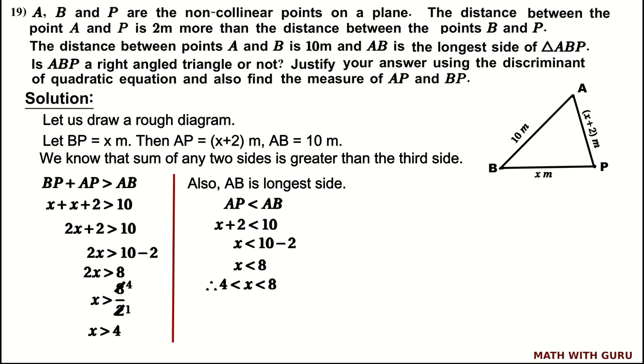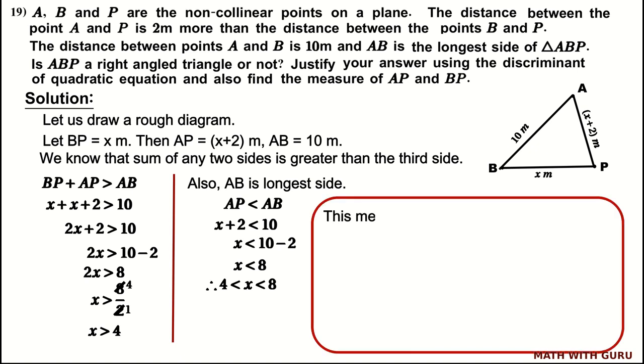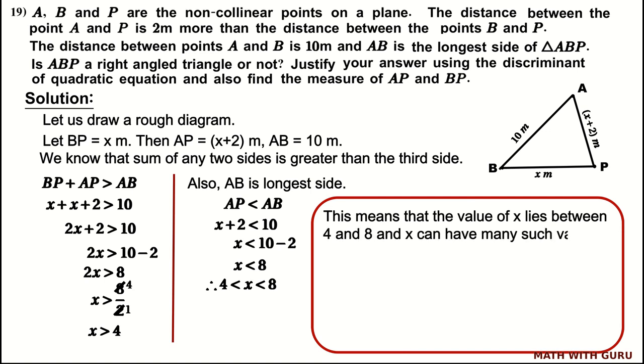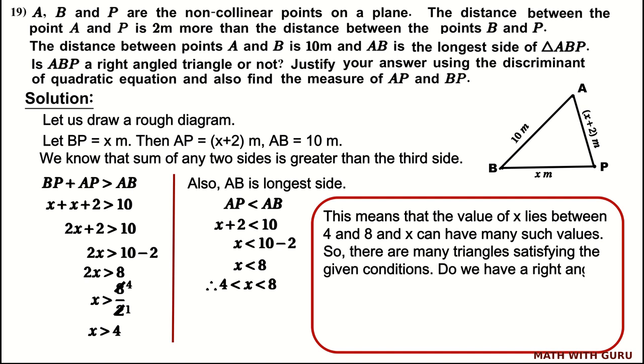Combining the two results, we can write 4 less than x less than 8. This means that the value of x lies between 4 and 8 and x can have many such values. So, there are many triangles satisfying the given conditions.